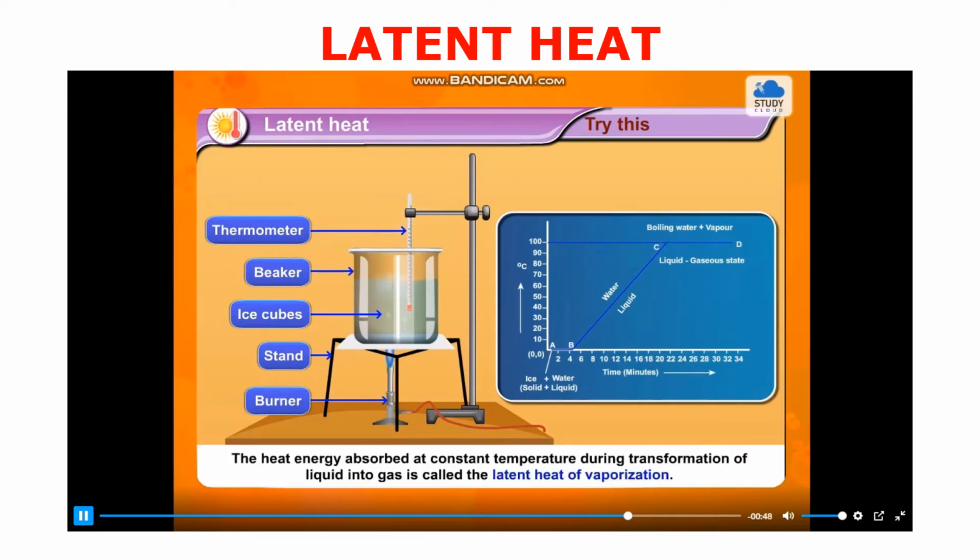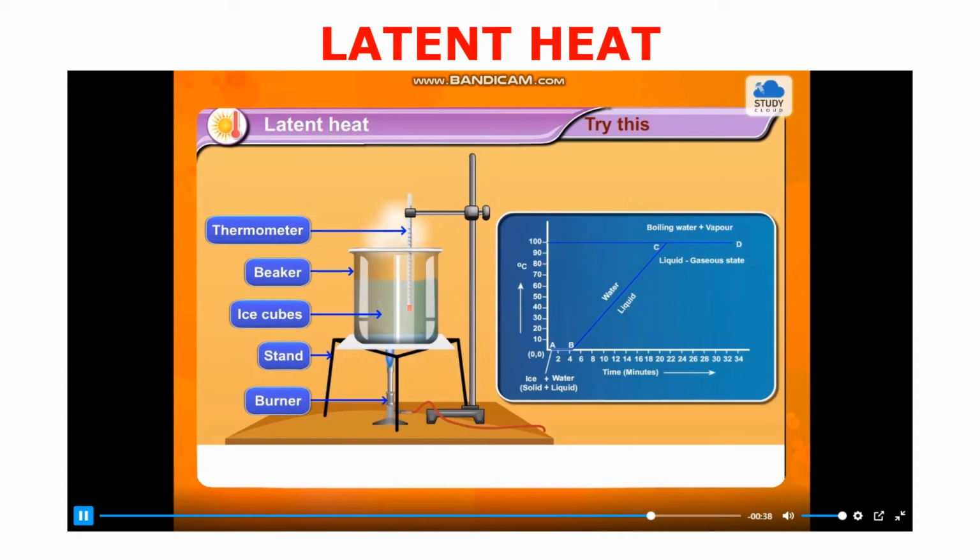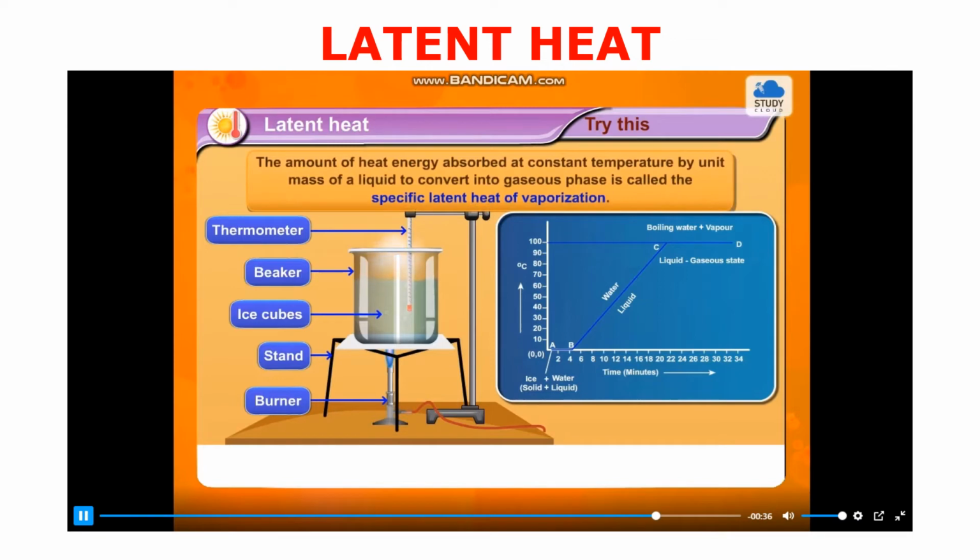The heat energy absorbed at constant temperature during transformation of liquid into gas is called the latent heat of vaporization. The amount of heat energy absorbed at constant temperature by unit mass of a liquid to convert into gaseous phase is called the specific latent heat of vaporization.